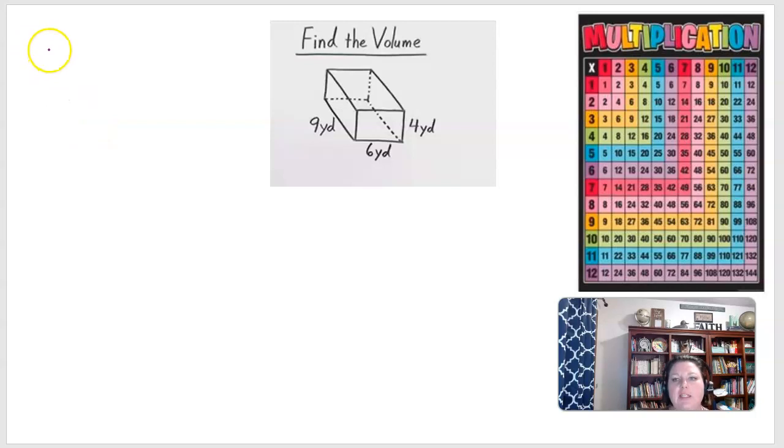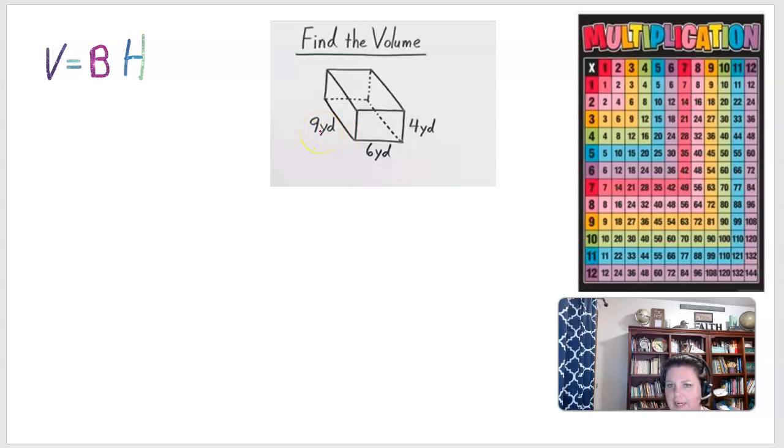One of them is volume equals base times height. Base means the base of the rectangular prism. So this rectangle at the bottom would be considered the base. So what do we do to find the base? We find the area of that smaller rectangle.